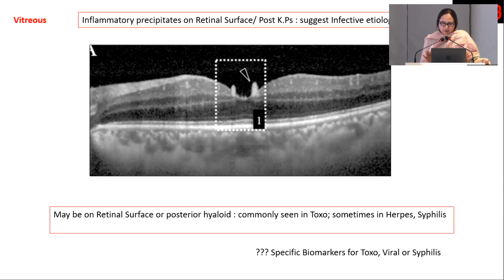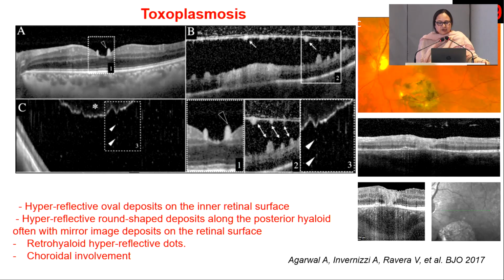They may be on the retinal surface or posterior hyaloid, and you see them commonly in toxo, sometimes in herpes and syphilis. Are there any specific biomarkers between toxo, viral and syphilis? This is what toxo pre-retinal precipitates would look like.